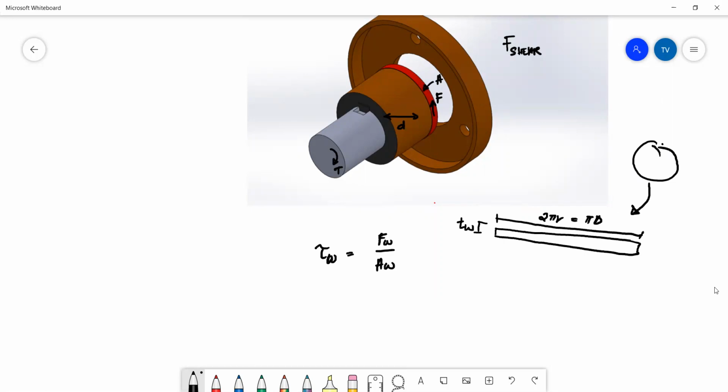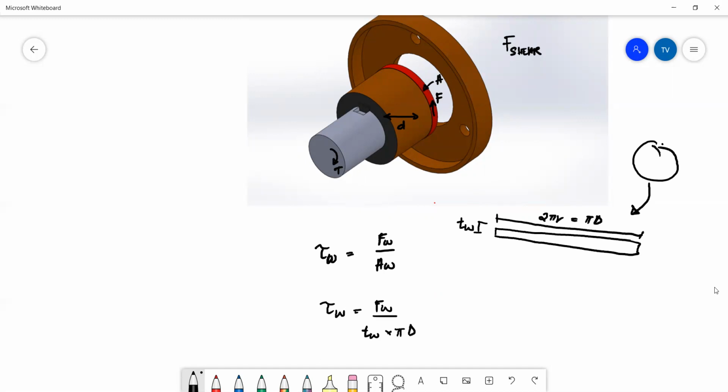Now what's our diameter in this case? Again, remembering the area is equal to the thickness of the web multiplied by 2 pi r, or let's just type this as pi times diameter.